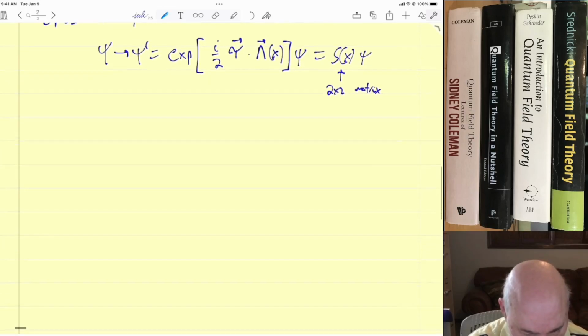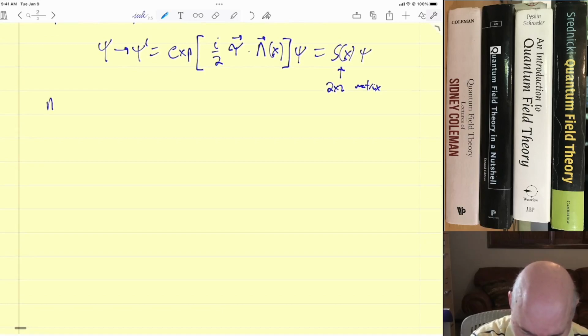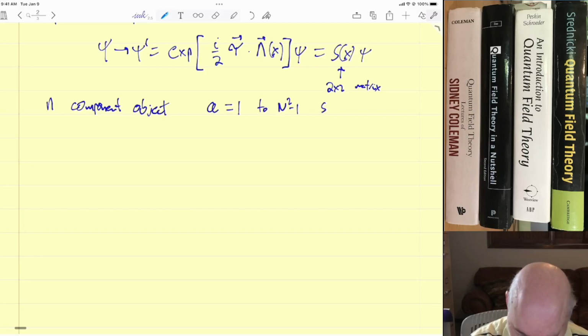So in general, with an n-component object, we'll call it the same thing. We have the index A goes from 1 to n squared minus 1, for example, for SU(N).